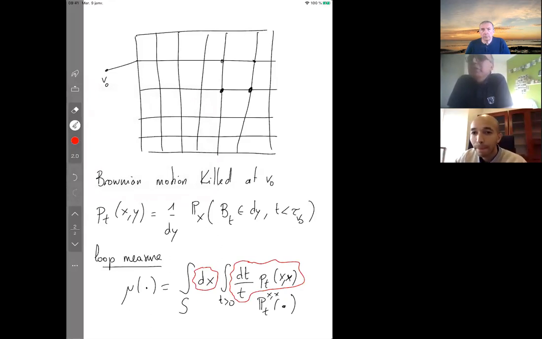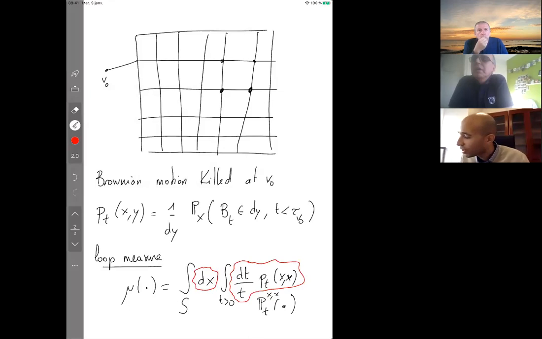Can you explain to us the one on t? Well, it is 1 over t. I think intuitively it is because you want to have unrooted loops. Here, when I define it, I root my loop at a point x. But actually, you want to look at loops which are unrooted. It doesn't matter where the starting point is.